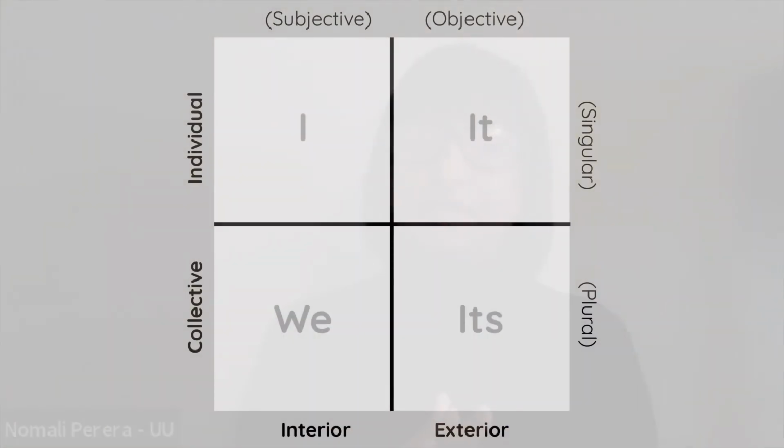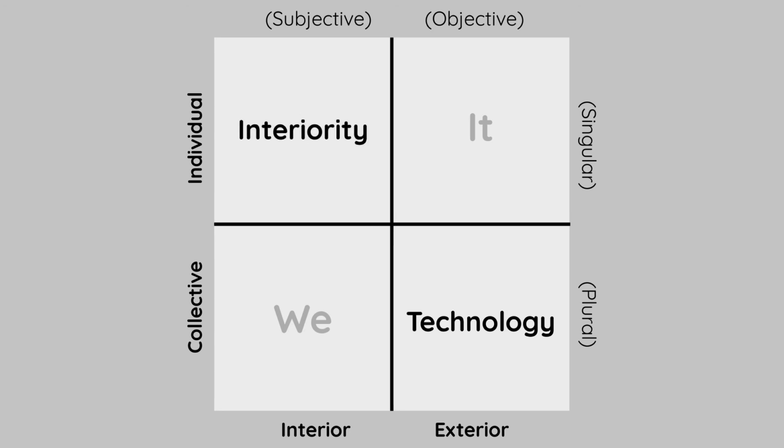One of the most beautiful teachings about the quadrants is that they correlate and impact each other. Depending on the way the lower right technology is changing, my upper left interiority can be influenced by that and can change that.